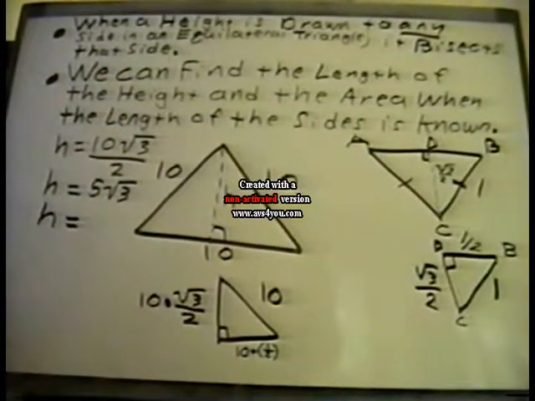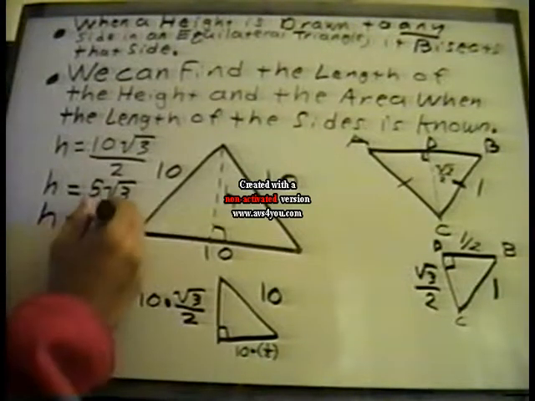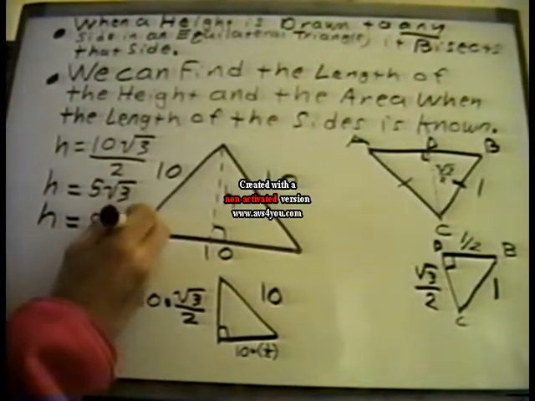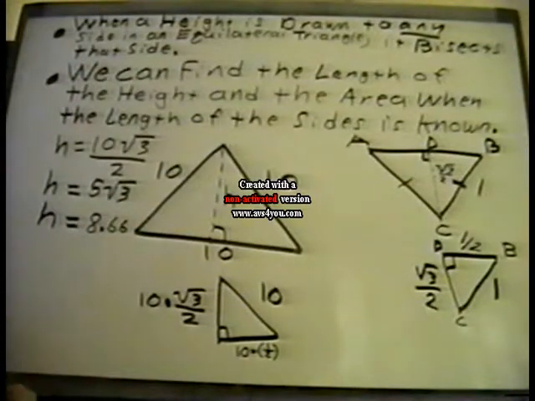So 5 times the square root of 3 is equal to 8.660, and it goes on. So we can say 8.66 or 8.7.